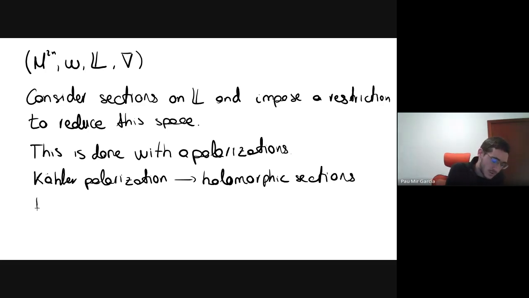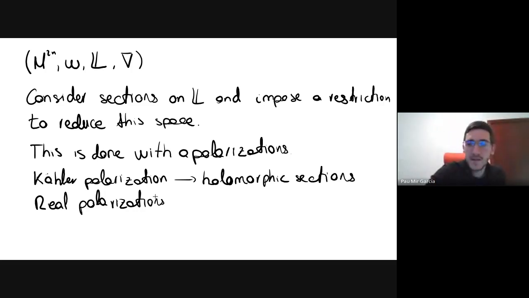We could also consider real polarizations, which is what we are going to do, in fact. And with real polarizations, what we end up having is only Lagrangian submanifolds of M. So if we consider real polarizations, what we have at the end is a Lagrangian fibration. A real polarization you can see as the fibration given, for instance, by an integrable system on M, and this will give us a real Lagrangian manifold.